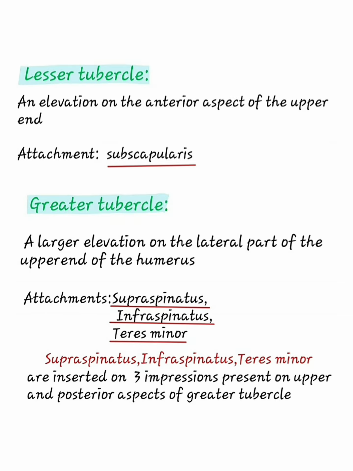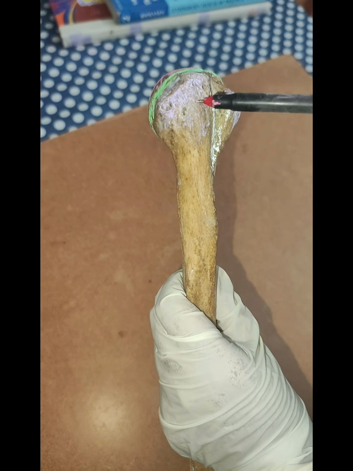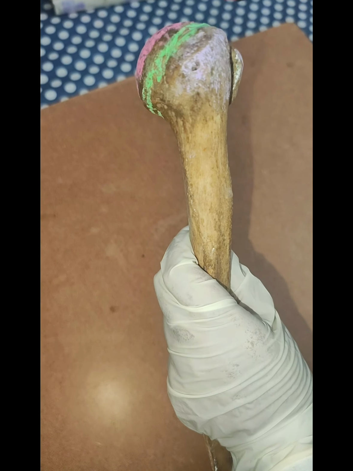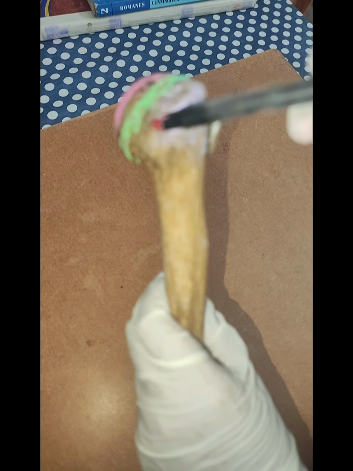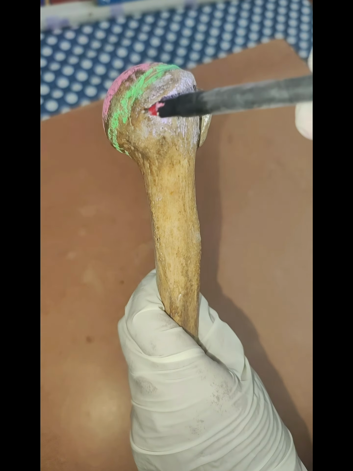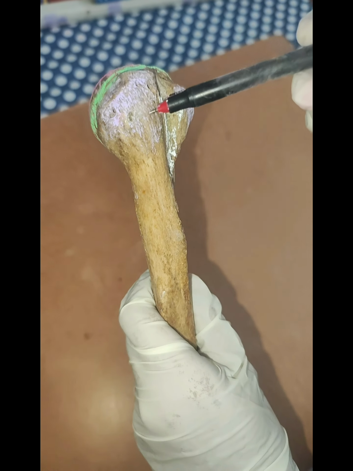Attachments: supraspinatus, infraspinatus, and teres minor are inserted on three impressions, upper, middle, and lower, present on upper and posterior aspects of the greater tubercle.